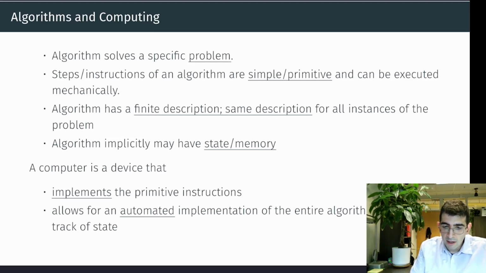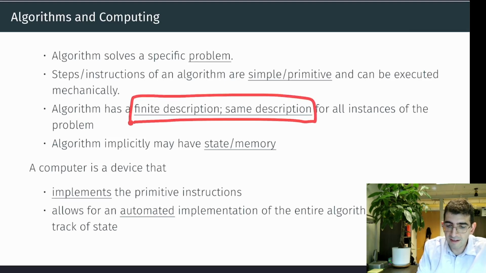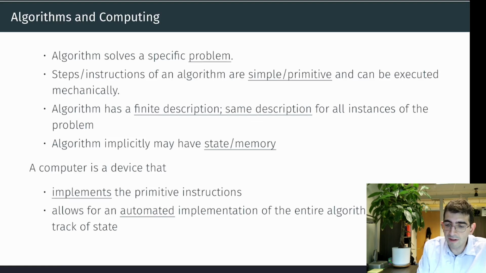So each step can be implemented, executed manually, and an algorithm has a finite description, i.e. the same description for all instances of a problem. And an instance of a problem, as we discussed before, is simply a particular case, a particular series of inputs and the expected output.